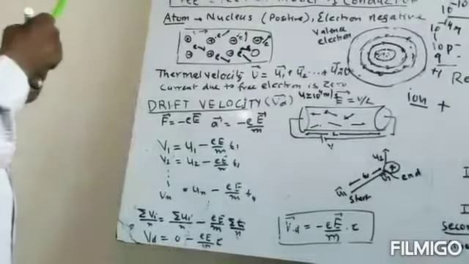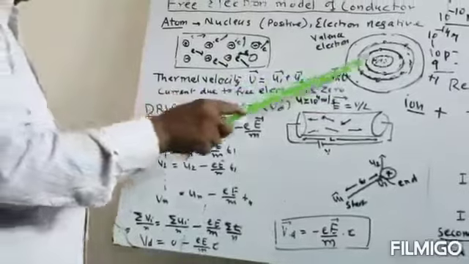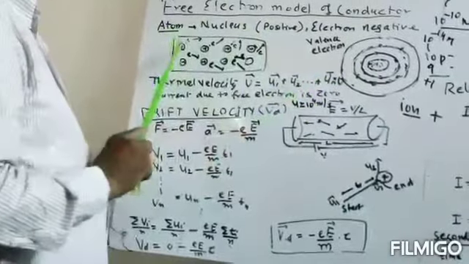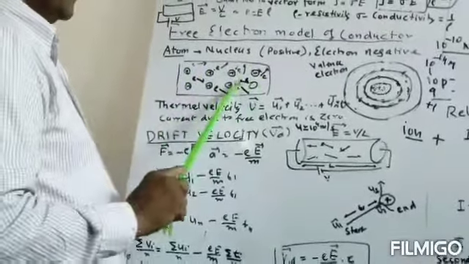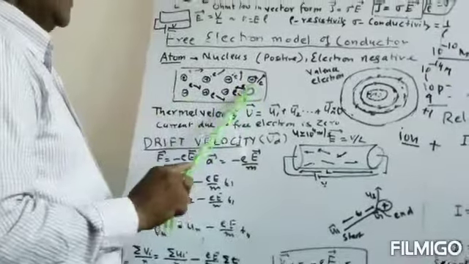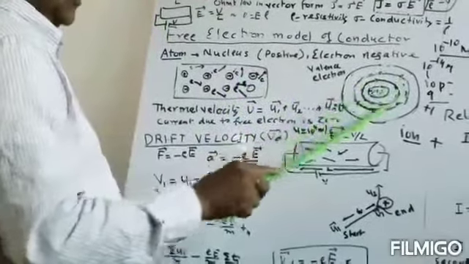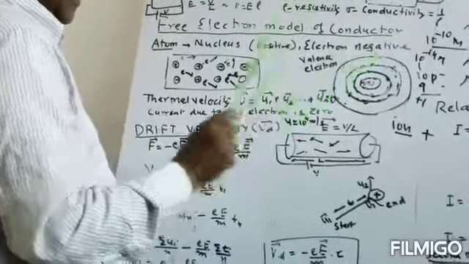In the metal or conductor, the atoms are arranged in a lattice arrangement, meaning the distances between these atoms are equal and they are fixed. They are protons plus bound electrons, and this is the electron which was the valence electron.